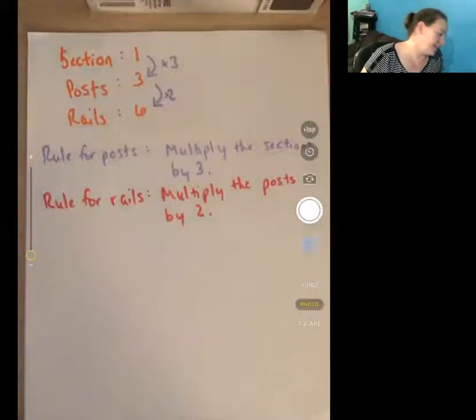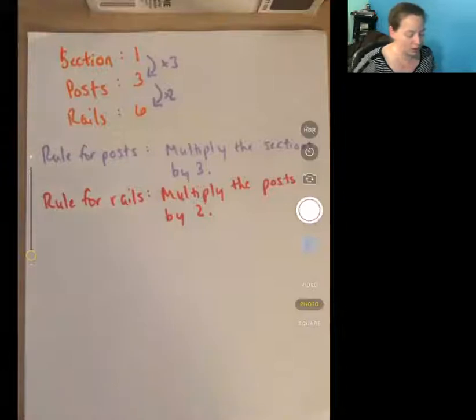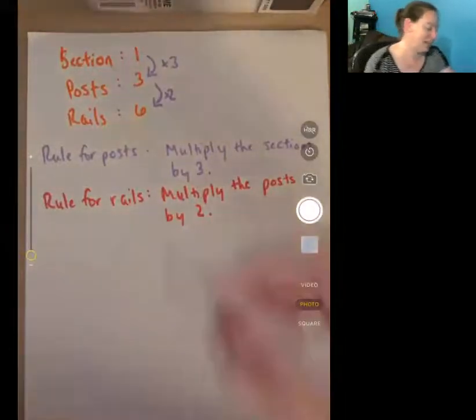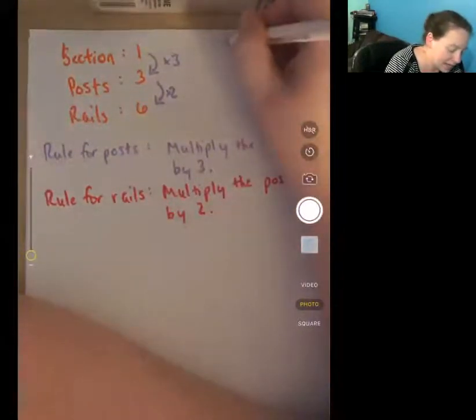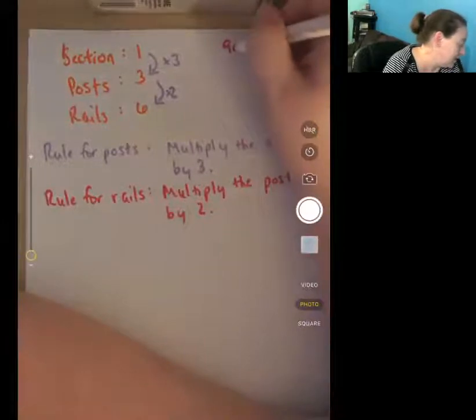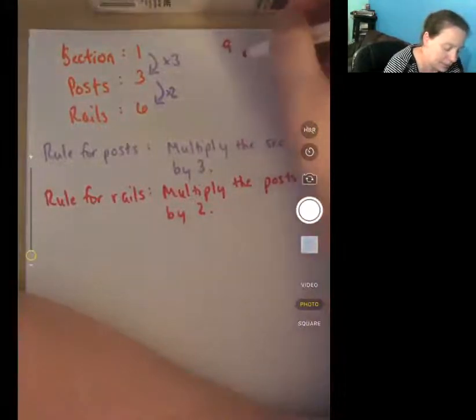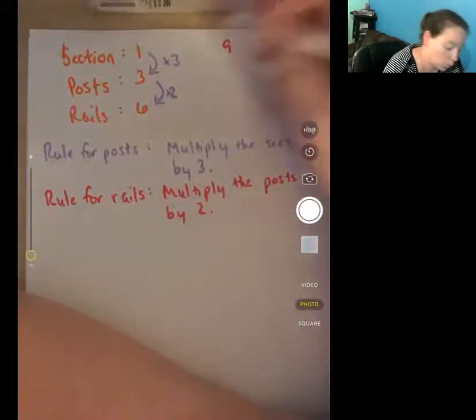So we use that rule to solve the problem. Okay. So section 9. 9 times 3 is 27.